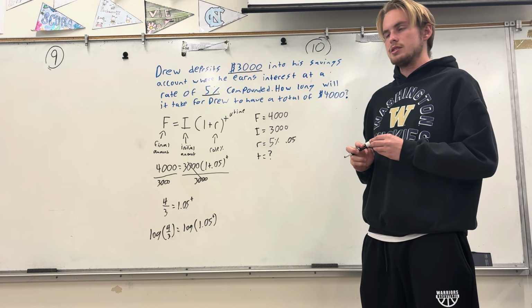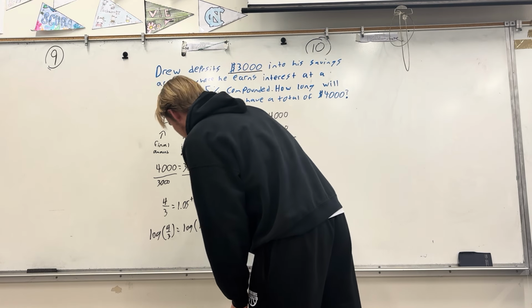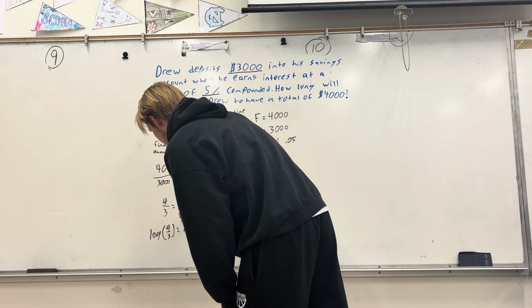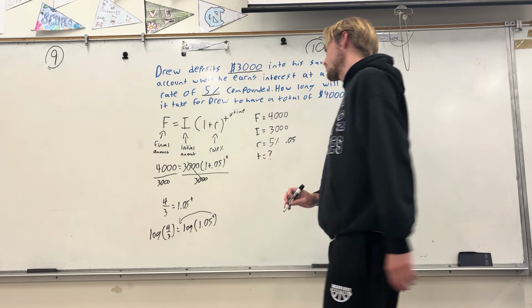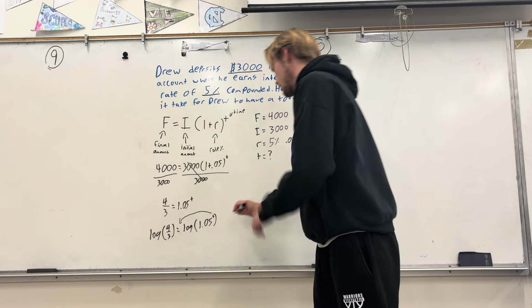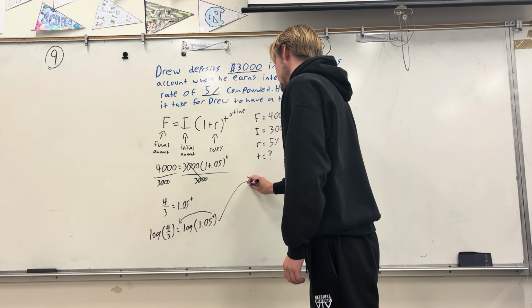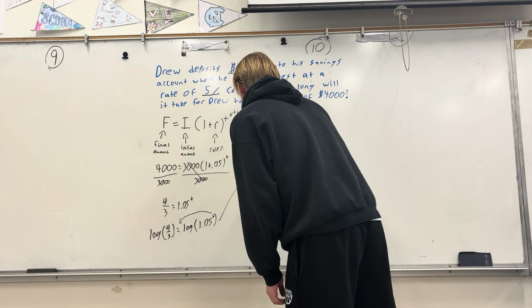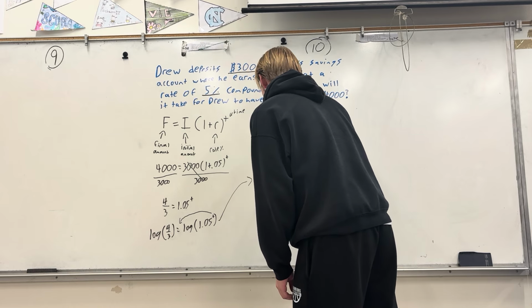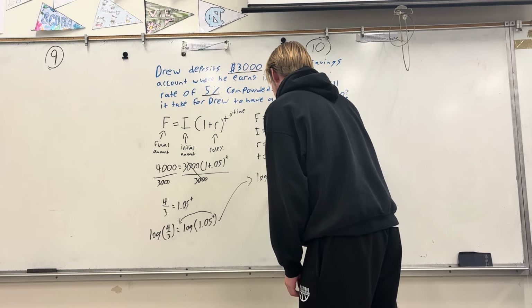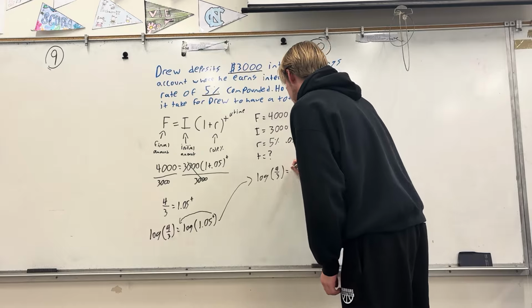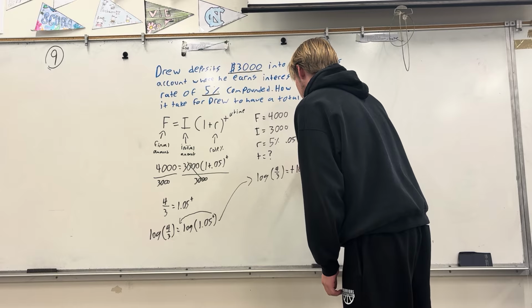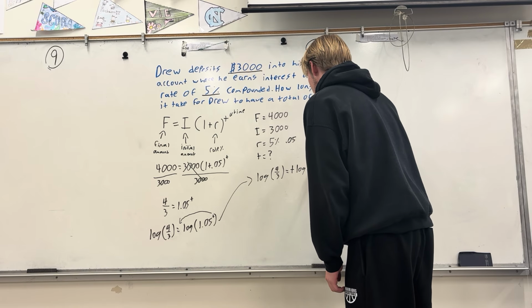Because the log rules tell us that we're allowed to now move t to the front of our log. And I'm going to do this all up here now, so more room. We're left with log of 4 over 3 equals t times the log of 1.05.